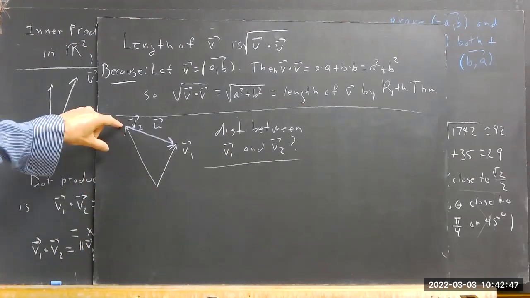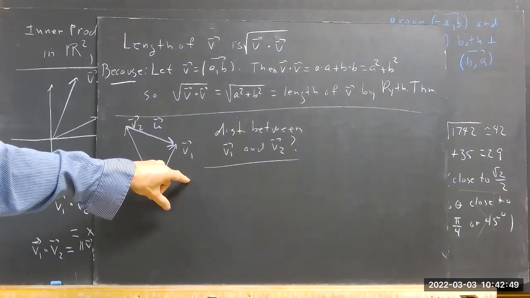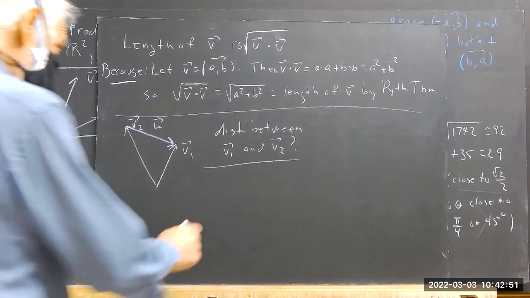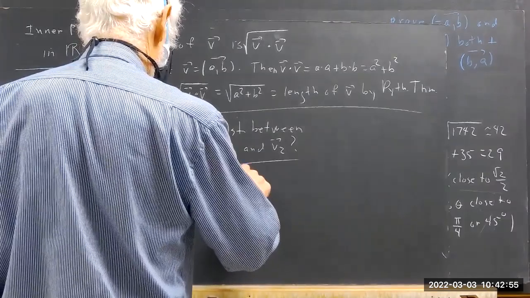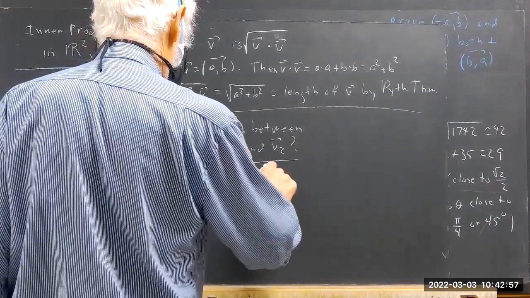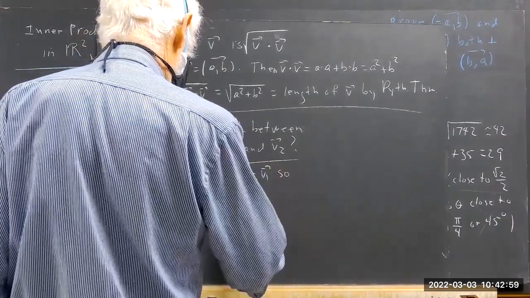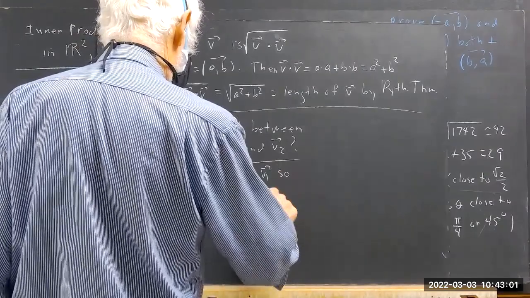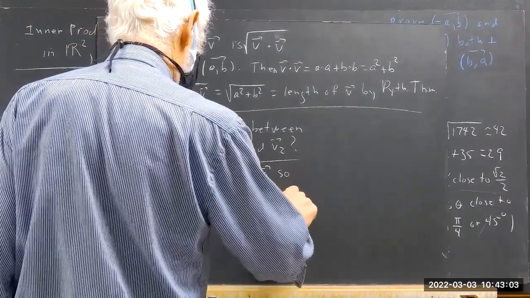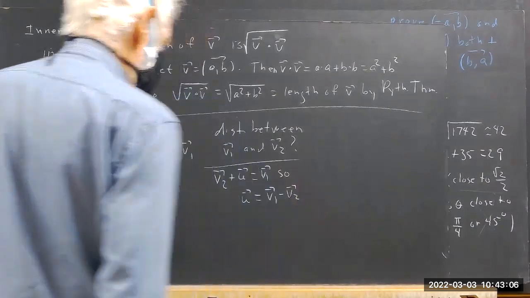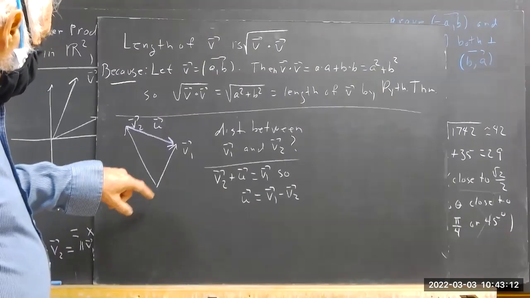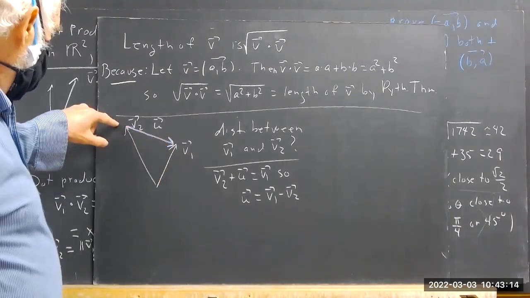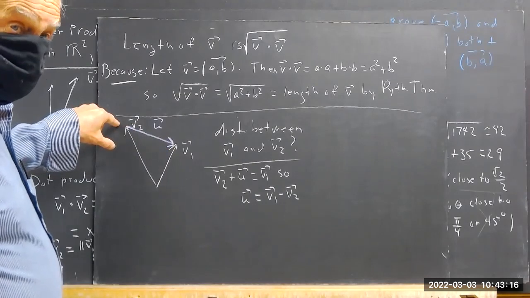We notice that V2 plus U equals V1, right? So U is V1 minus V2. Now, for reasons of convention, usually we do U in the opposite direction.